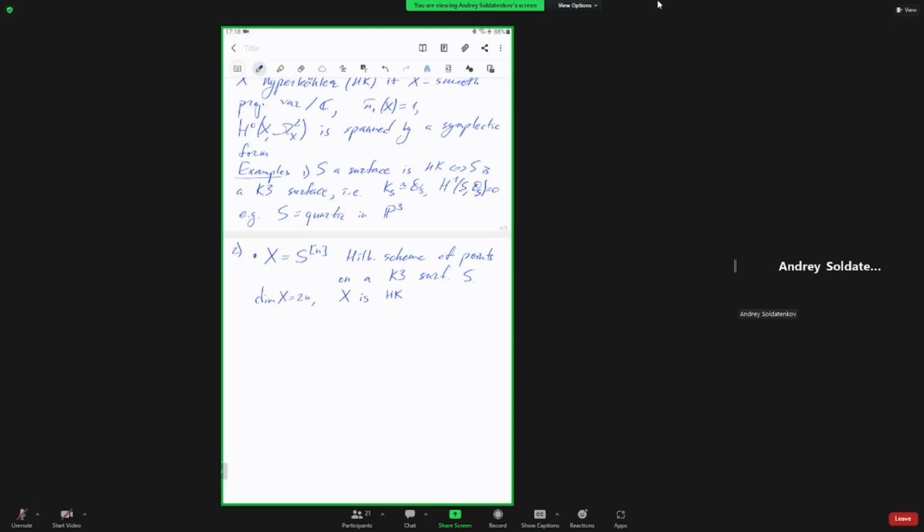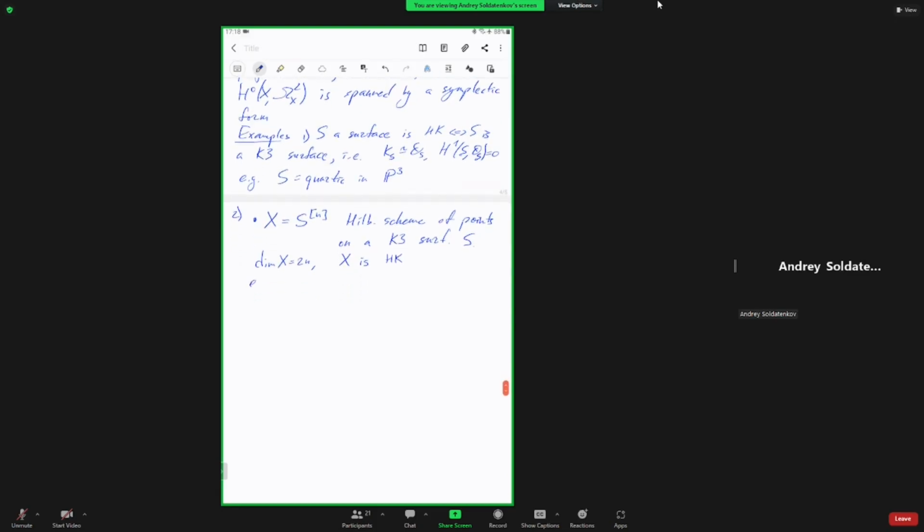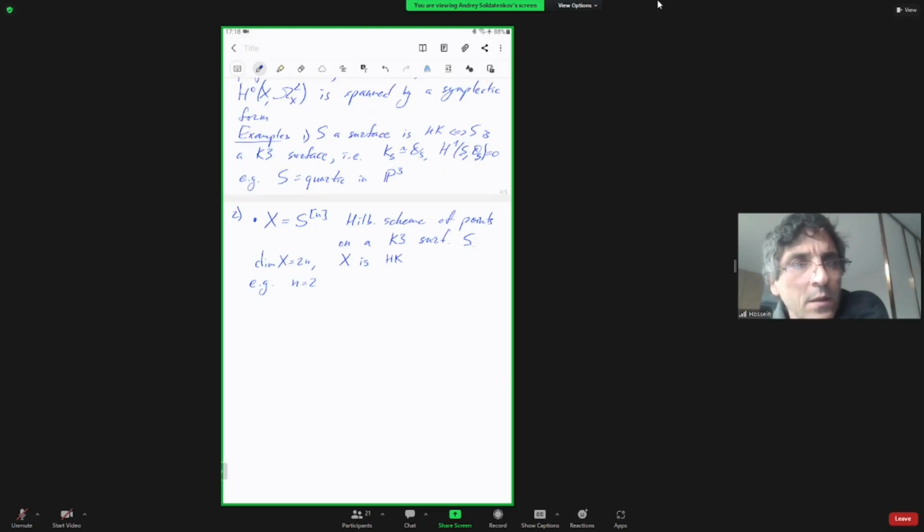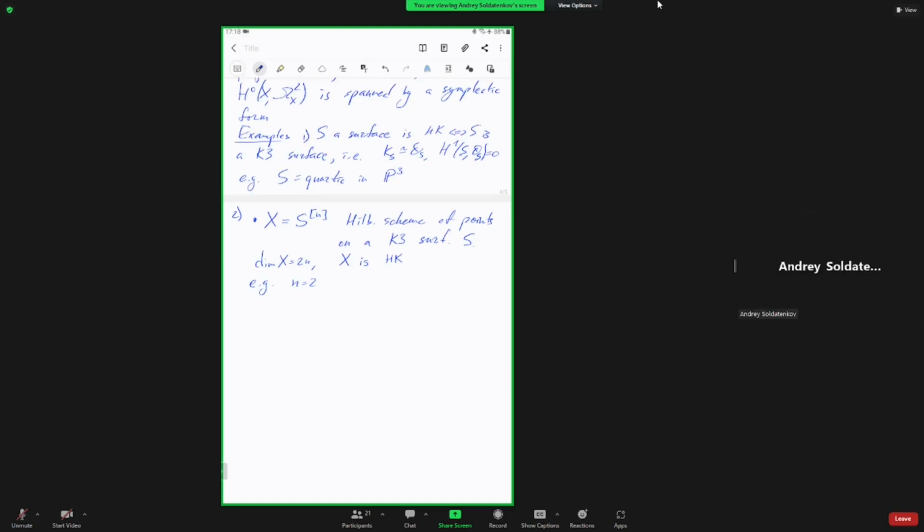The easiest example is when n equals 2. This Hilbert scheme will be smooth, and the Hilbert scheme will be smooth for any surface, actually, not only for a K3 surface, but for any surface, the Hilbert scheme of points is smooth.